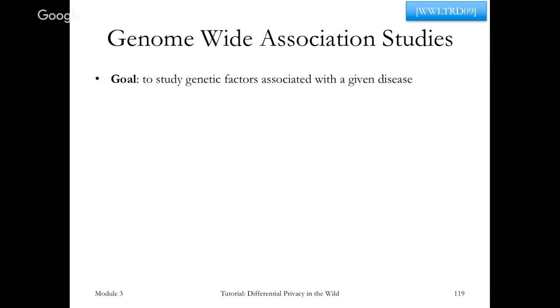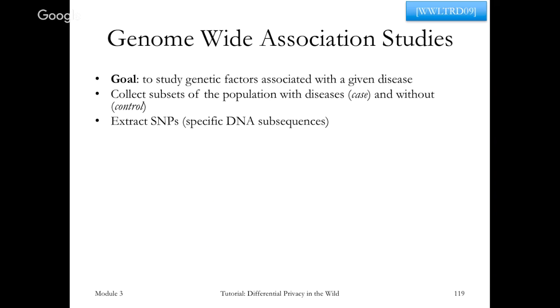Another example is genome-wide association studies. The goal here is to study genetic factors associated with a given disease. Basically you collect subsets of the population with the disease, those are the case, and then without, a control set. Then you extract SNPs, specific DNA subsequences, from these individuals.